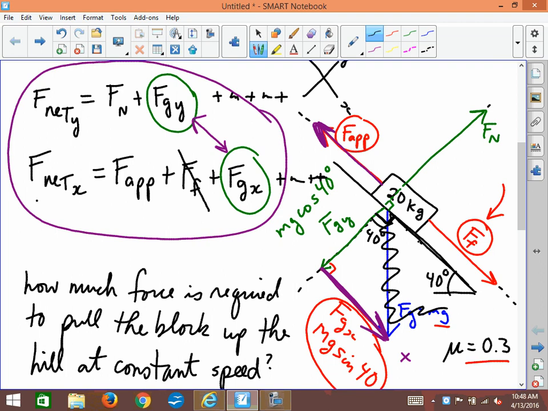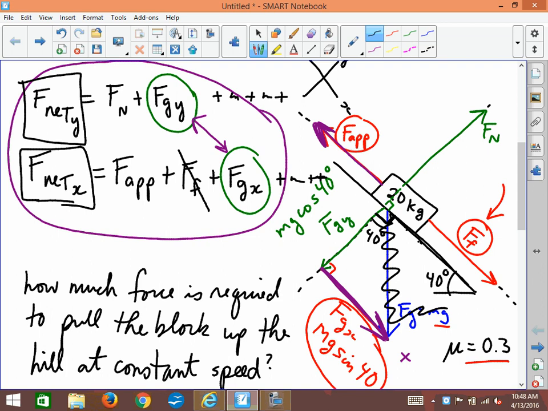You have to remember that F net is adding up all the arrows that are on the picture in the x direction. So you can't memorize this and say this is the answer to every question. You have to remember the nuance of F net and what that means. You have to draw a good picture, and you have to look at the picture and see which arrows you're dealing with. If you have no friction in your question, you won't need a friction arrow.